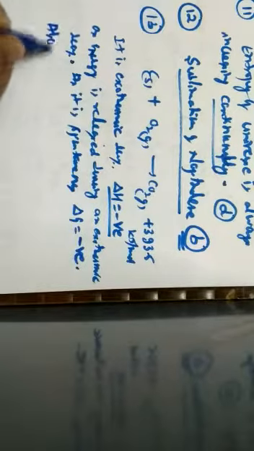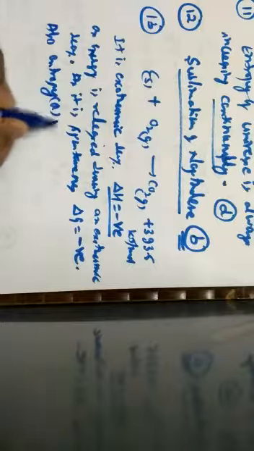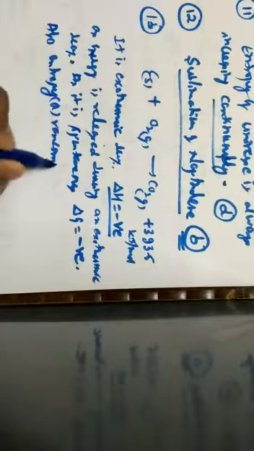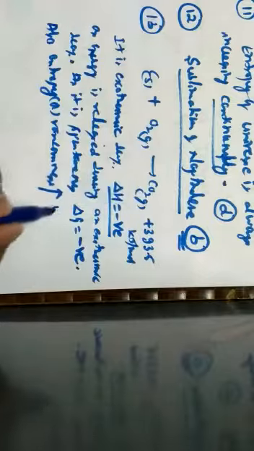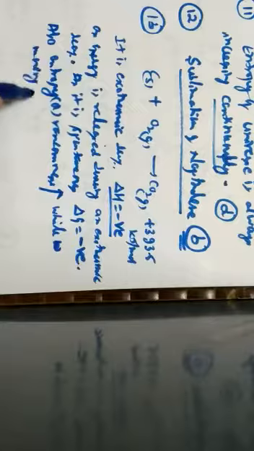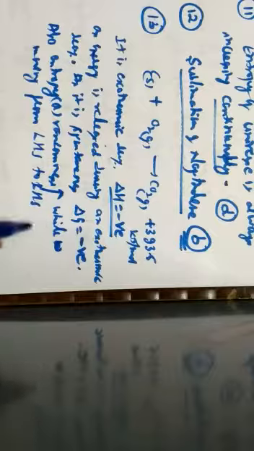Also, in this case, the entropy or randomness increases. Now a question comes, why does randomness increase? Because it is a solid that is totally converted into a gas, hence the randomness increases while moving from left hand side to right hand side.